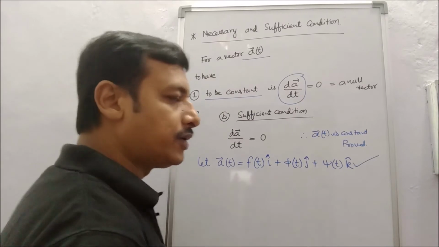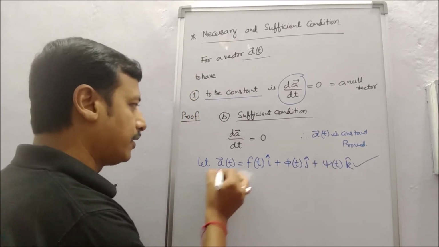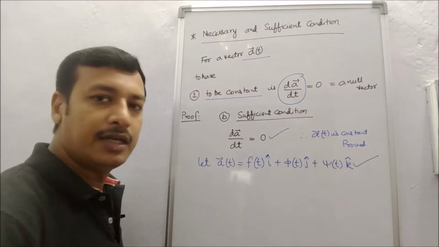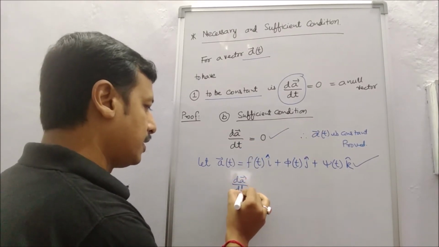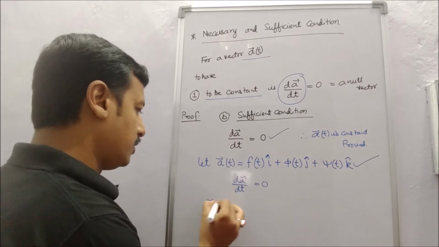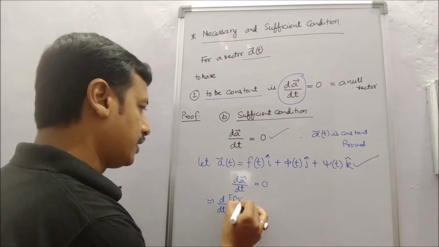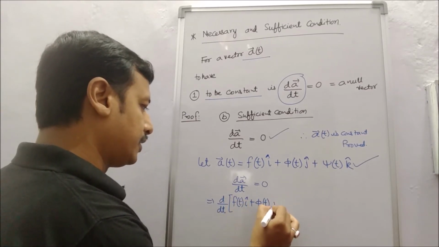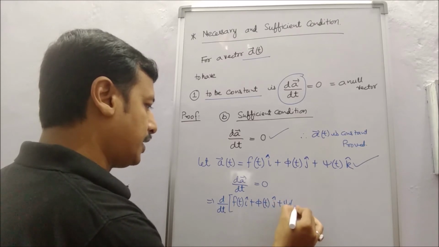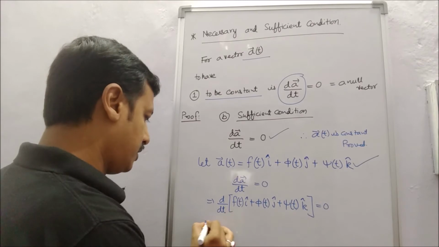If A(t) is equal to f(t) i cap + phi(t) j cap + psi(t) k cap, and we have dA/dt is equal to 0, so d/dt of f(t) i cap + phi(t) j cap + psi(t) k cap is equal to 0.